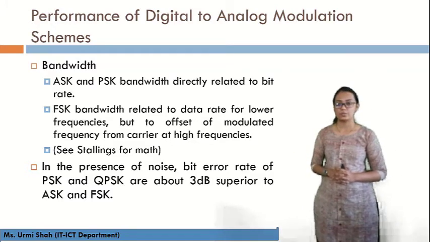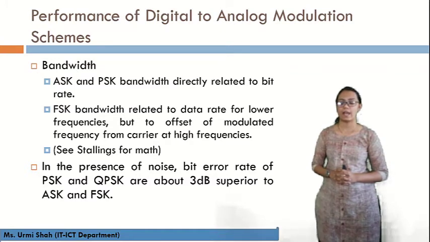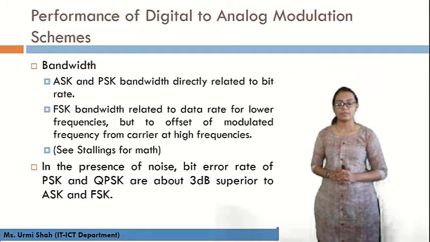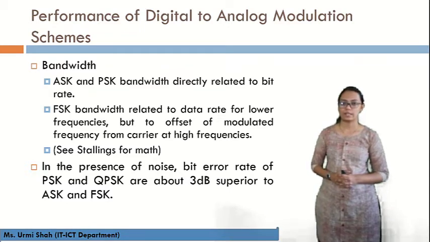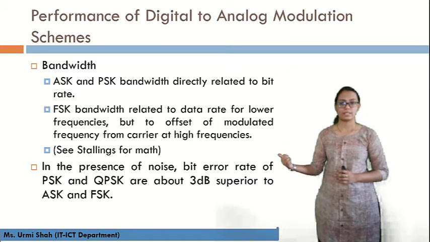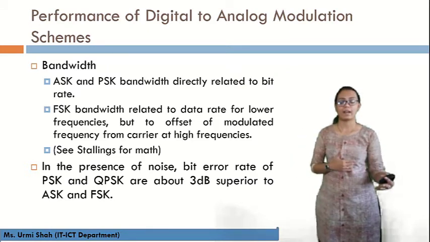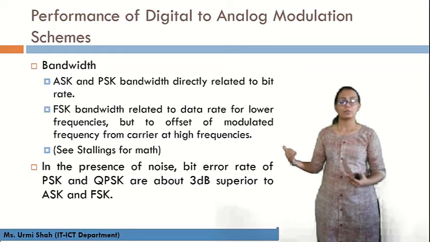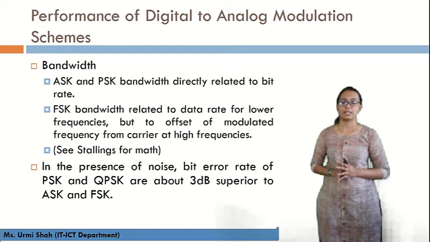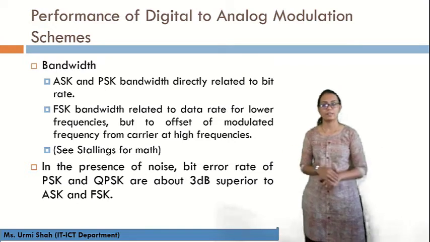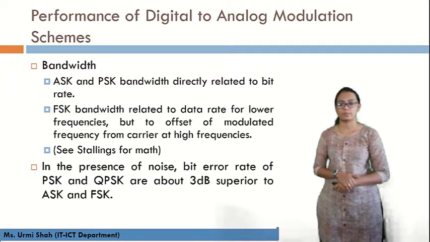So, coming to the bandwidth, ASK and PSK bandwidth are directly related to bit rate. FSK bandwidth is related to data rate for lower frequencies, but to offset of modulated frequencies from carrier at higher frequencies. You can refer to the book by Stallings for these bandwidth related concepts for analog and digital communication systems.